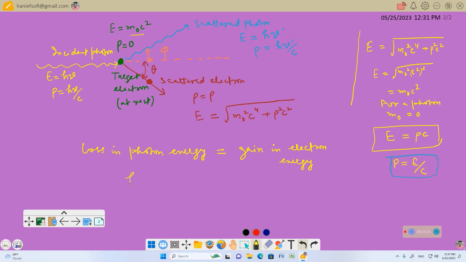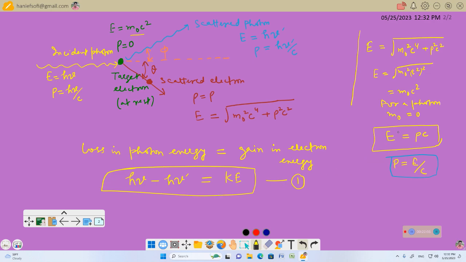The loss in photon energy is simply h nu minus h nu prime, because the incident photon has larger energy and the scattered photon has smaller energy. That is taken by the electron as kinetic energy. So Ke is the kinetic energy of the scattered electron. Let me encircle this equation. This is my equation first.